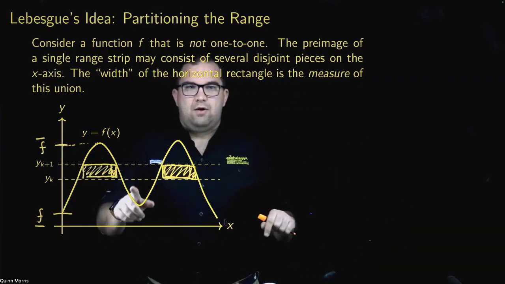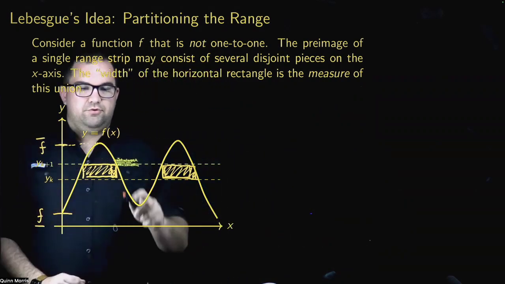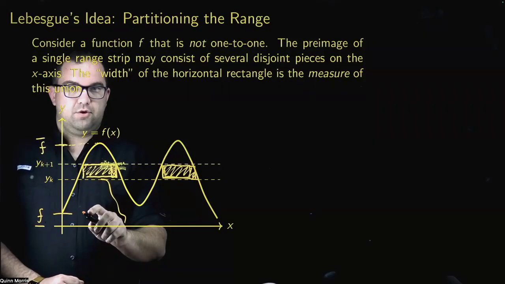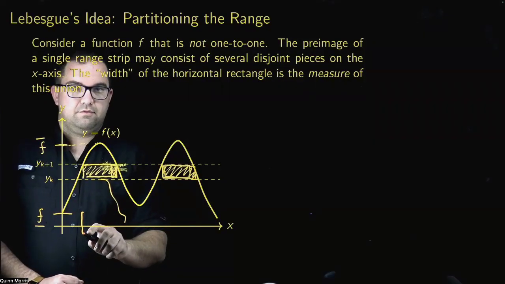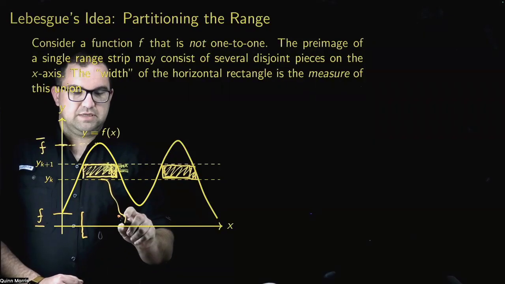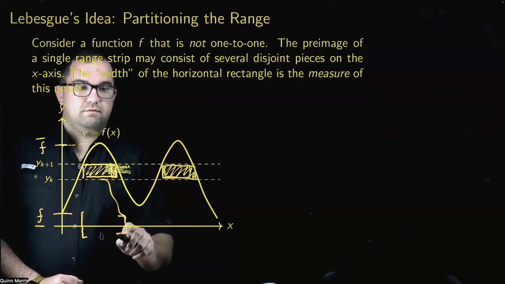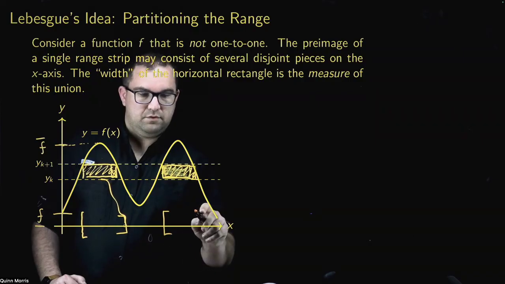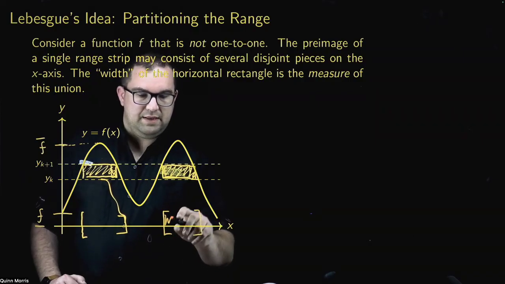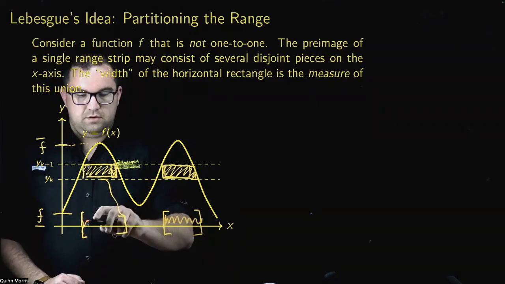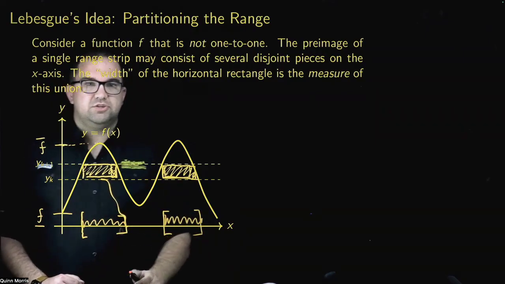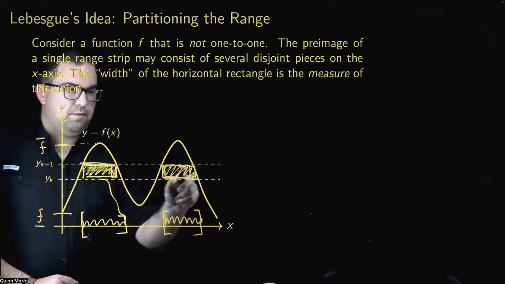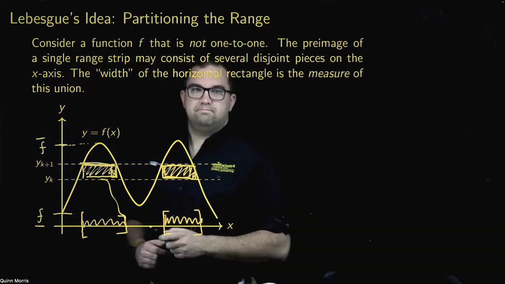So if I think about what I want the contribution here to be, I can think about coming down into the domain and looking at this set. If I look at this set in the domain, these are essentially the x values that map up to this upper line.